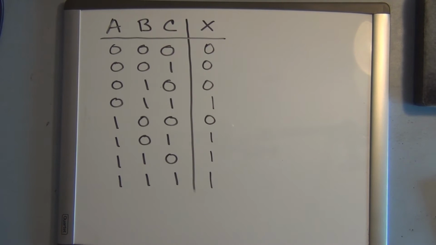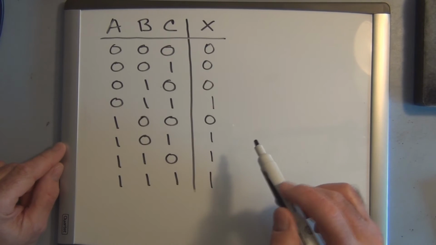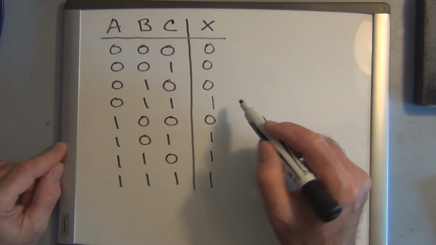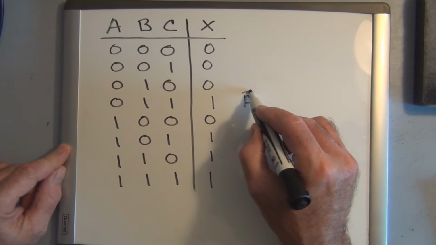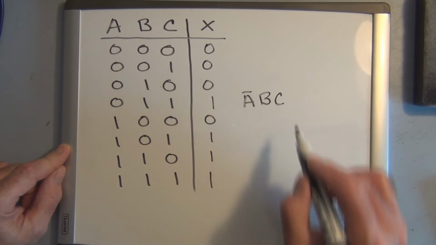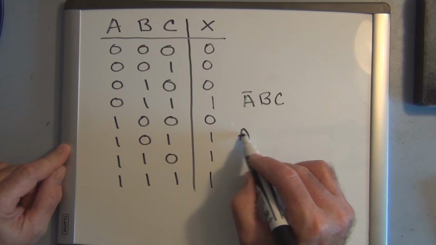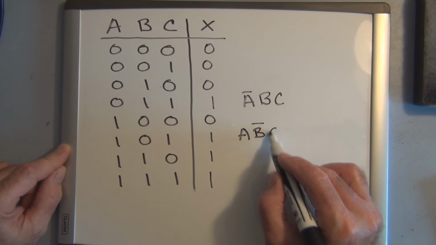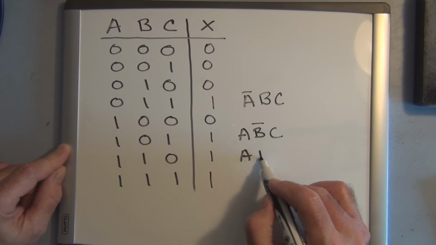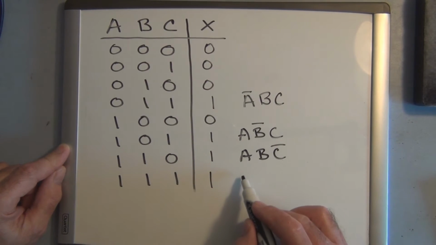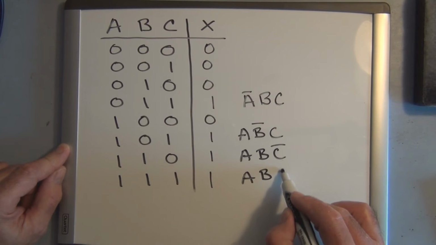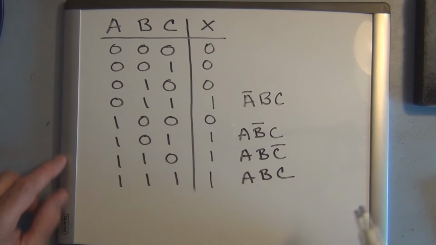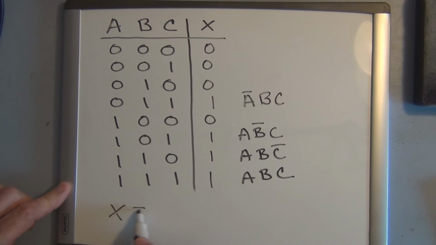So now we have to create an AND term for each case where the output is a 1. And so here we have A naught, B, C. Here we have A, B naught, C. Here we have A, B, C naught, and here we have A, B, and C. And the output X will equal the sum of each of these AND terms.